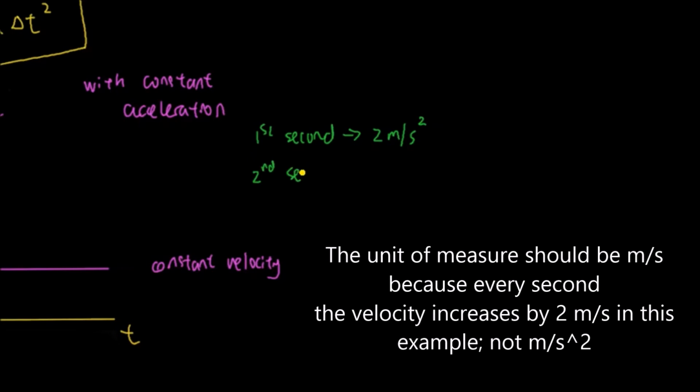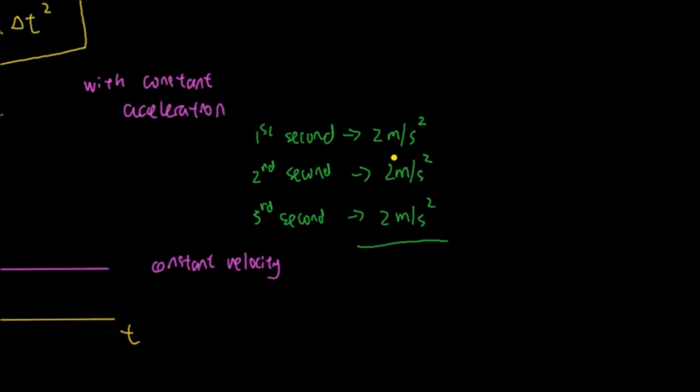Second, you increase by 2 meters per second squared again. It's constant acceleration. And the third second, you increase by 2 meters per second squared again. Let's talk about only the first 3 seconds. What's the total? 2 plus 2 plus 2 is 6 meters per second.